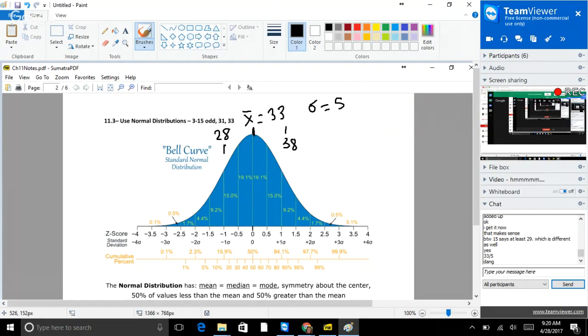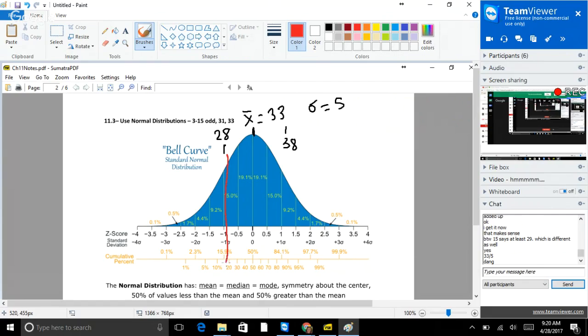Okay, so number 15 says, what is the probability that a randomly selected x value from the distribution is in the given interval? So what is the probability that your number you pick is at least 29? So this one's a little bit tricky, right? Because we have minus 1 standard deviation at 28. So 29 is right next to it, right about here.